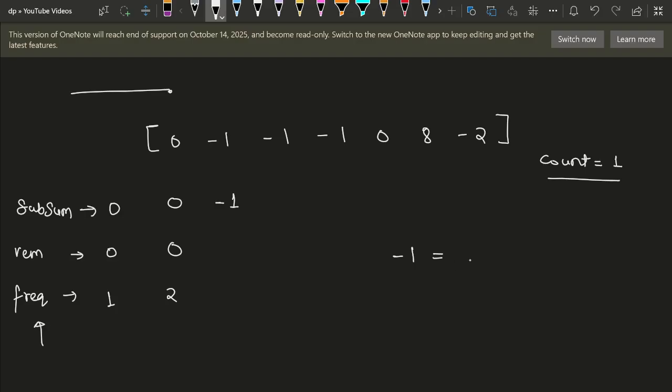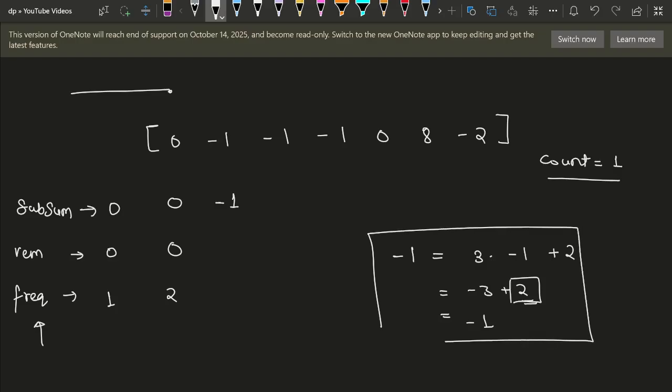Minus 1 can also be represented as 3 into minus 1 plus 2. This becomes minus 3 plus 2, because in number theory we always keep a remainder as positive. So that can be one of the approaches that we can take to solve this kind of problem.